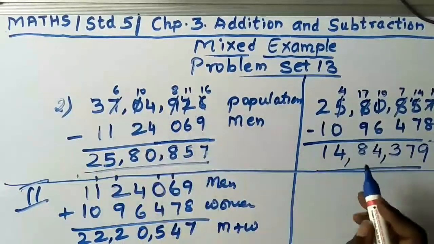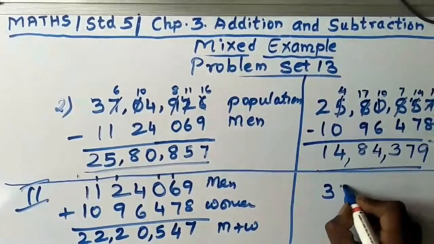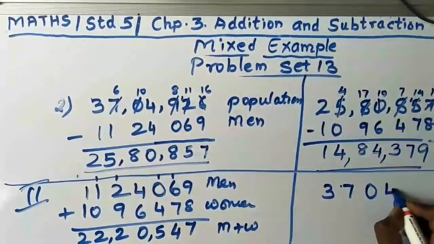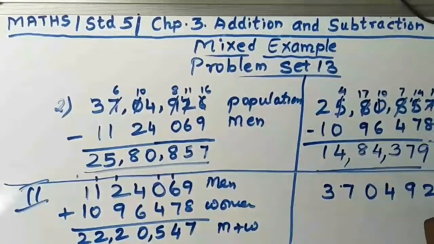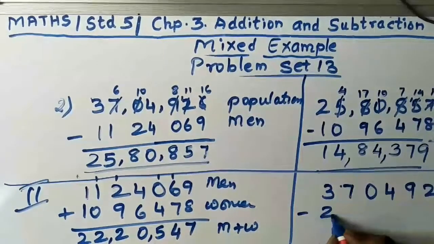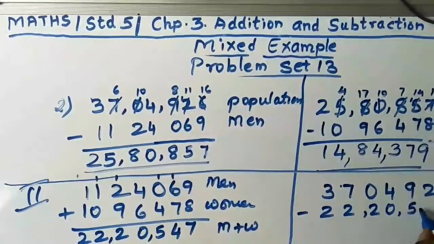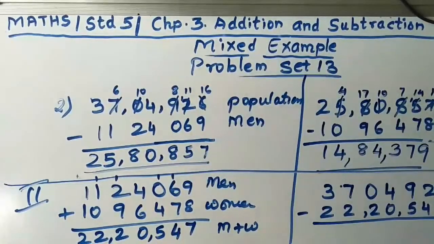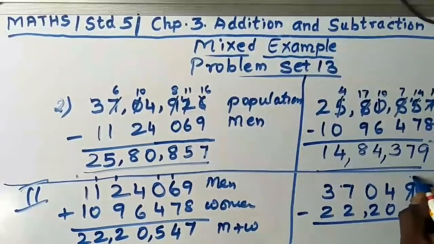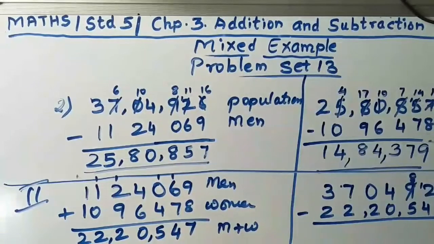Now the total city population is 37,04,926. From this, the total number of men and women will be subtracted. 6 minus 7, 6 will not go in 7. 2 will not go in 4. 9 will go in 5. So I'll take 1. This will become 12. 1 carry over here. Then again I remove this. From 12 it becomes 11.